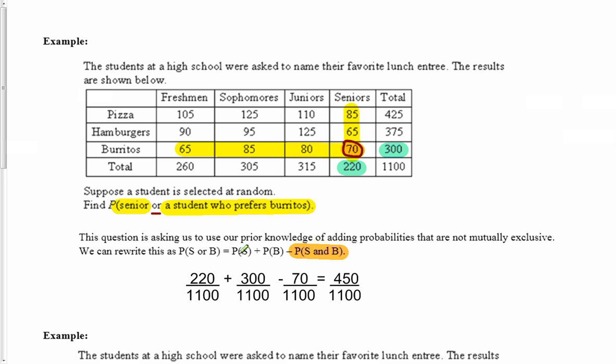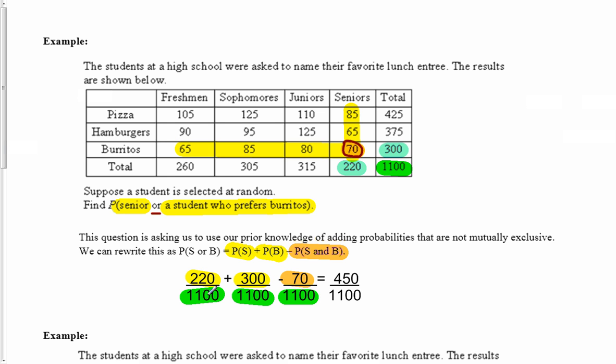Then we have our total for seniors and our total for people who prefer burritos. And that'll be those two numbers here. I'll just highlight that 70 there. Our 1,100 people, that comes from the bottom right, because we're looking at the total number of people, and that's how we get the denominator of our fraction.